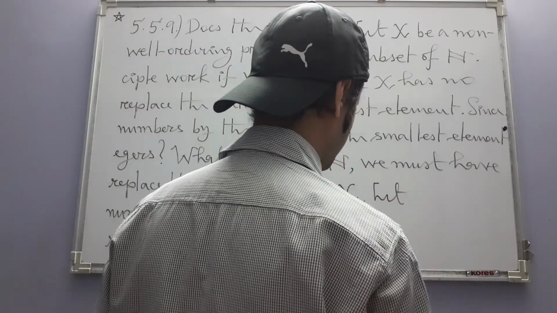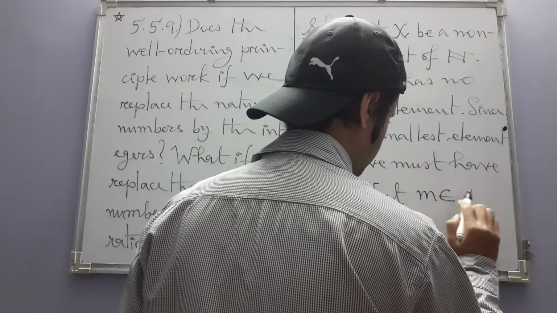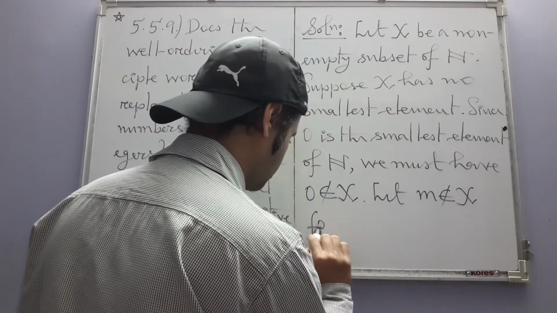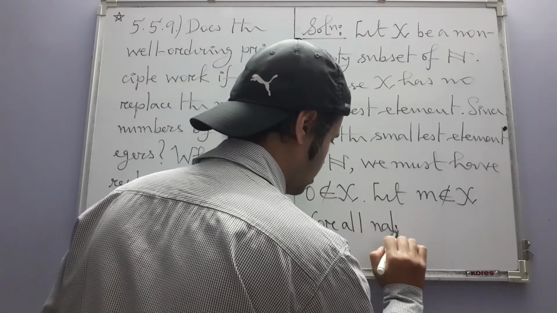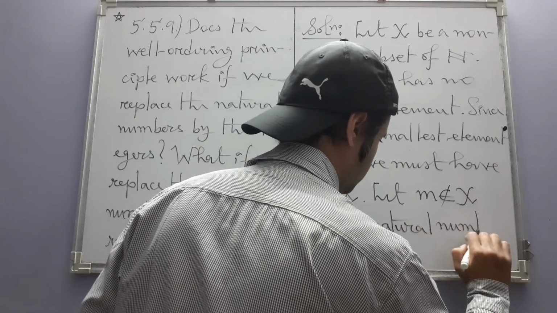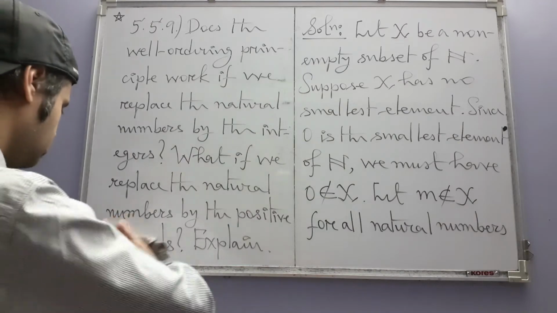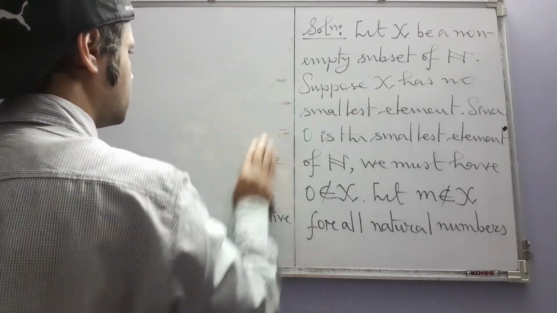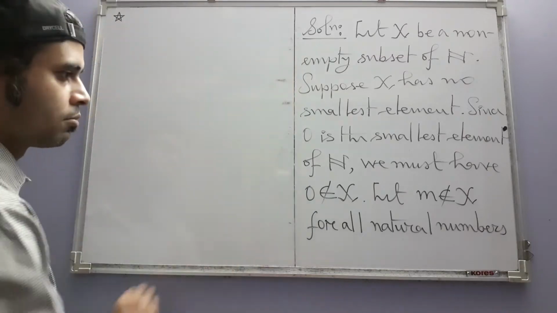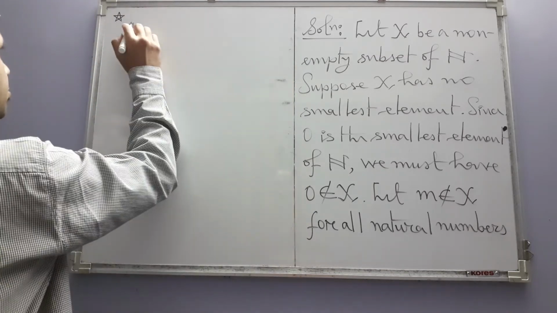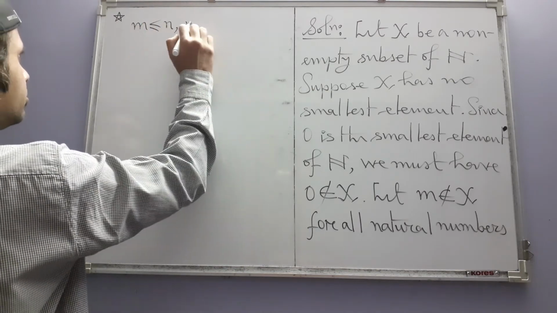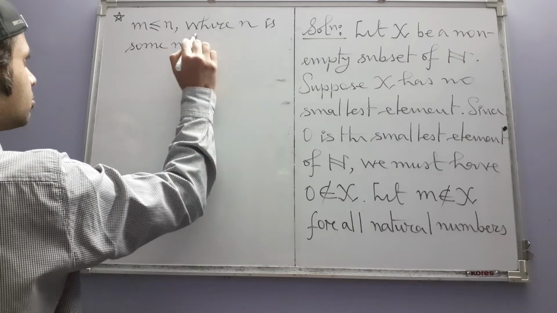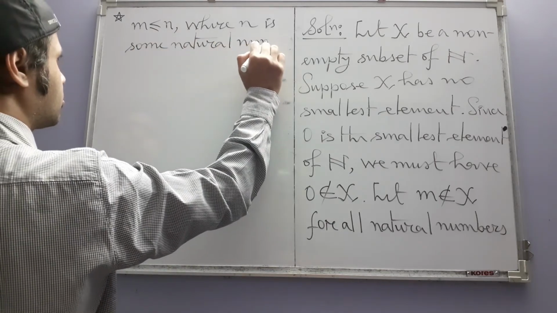Let m be not in X for all natural numbers m less than or equal to n, where n is some natural number.